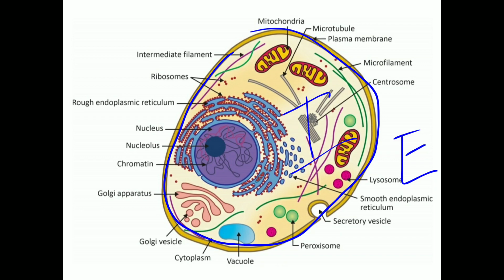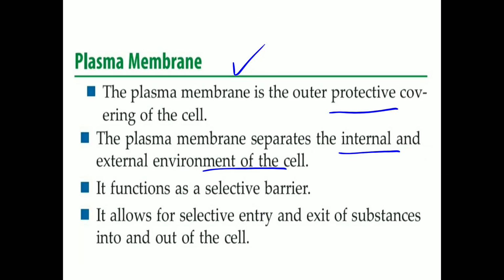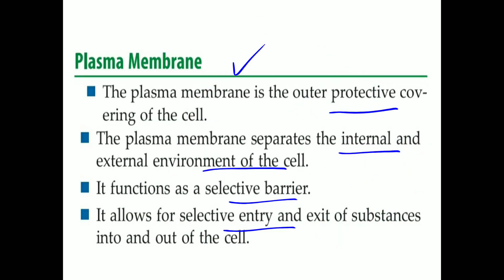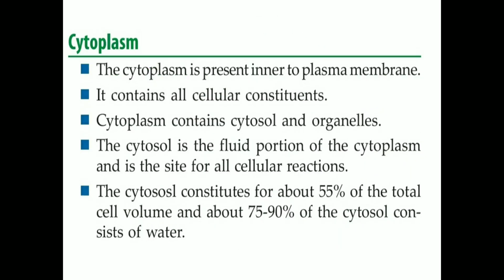The plasma membrane acts as a selective barrier, a guard, which allows the selected entry and exit of substances into and out of the cell. Few substances enter into the cell and few get out of it.